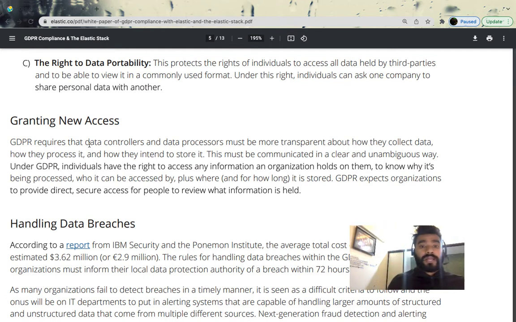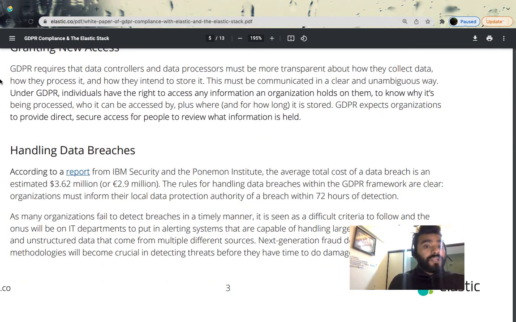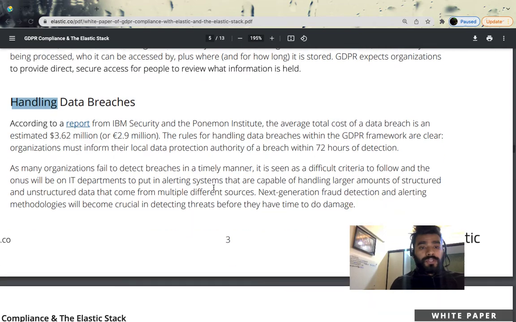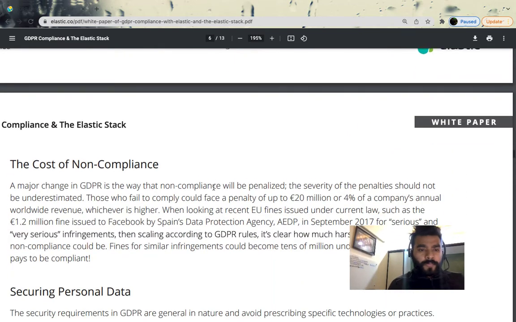If they are accessing your camera, they give you a legitimate reason, the reason why they are accessing the camera as well. In case of any data breach, you should be told within 72 hours. As a customer, you are entitled to know within 3 days that your data was breached or that any data breach happened.